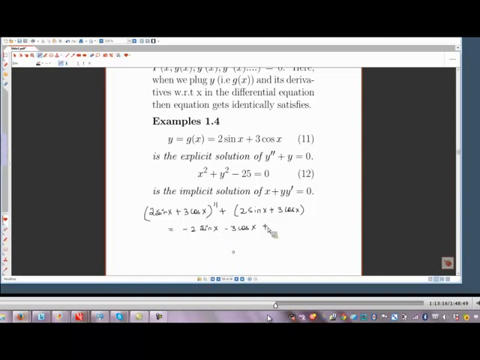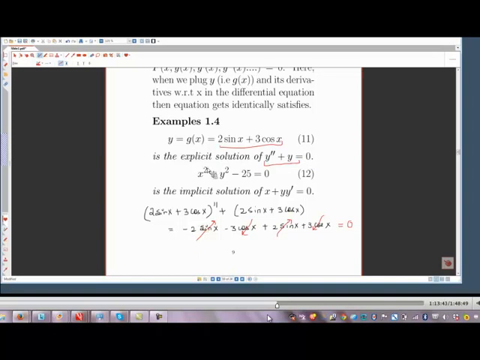Then I will add the second part as well. So what happens? 2 sine x cancels with this, and this goes with this, and this equals 0. So indeed this is a solution of this differential equation. It cancels out. Very good.